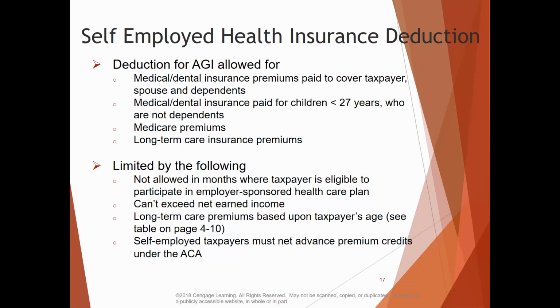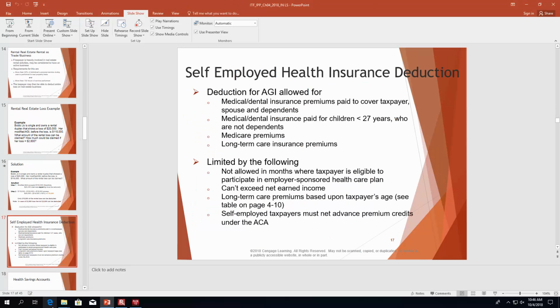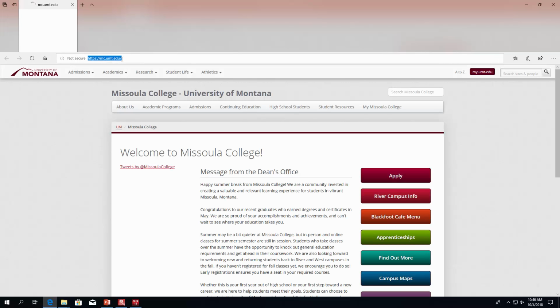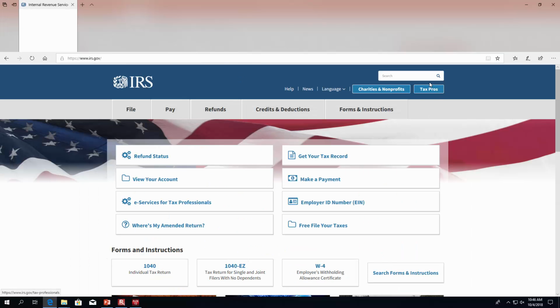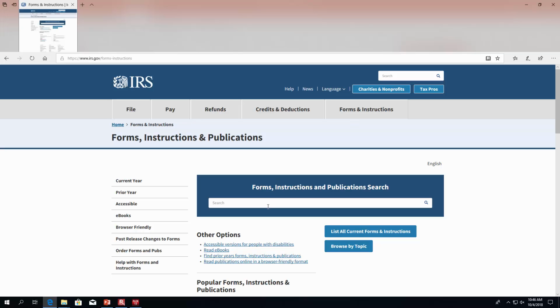And then is there any way we can see the back side of the Schedule E? I didn't see that on the, let me see if I can pull one up. Forms and instructions.